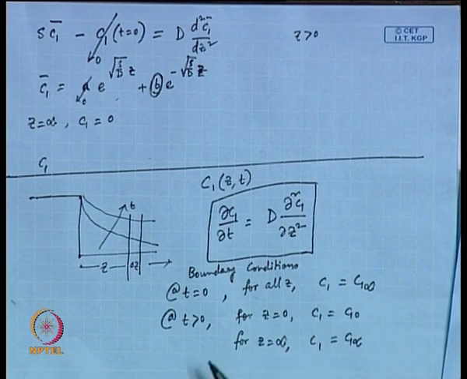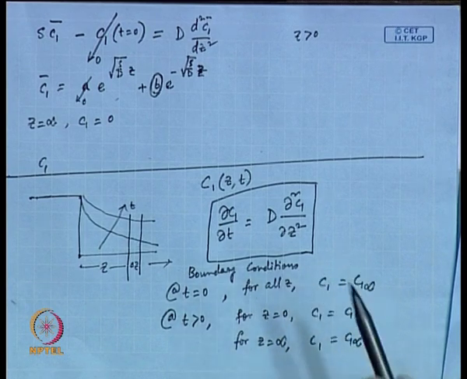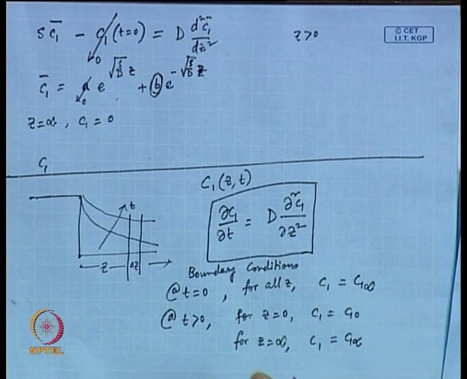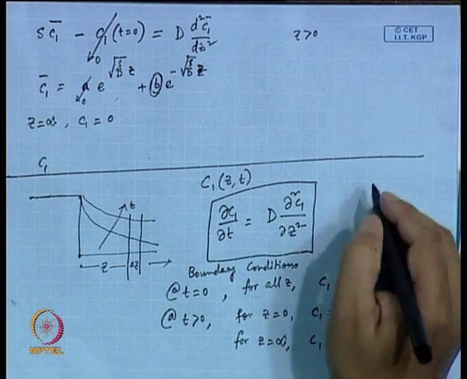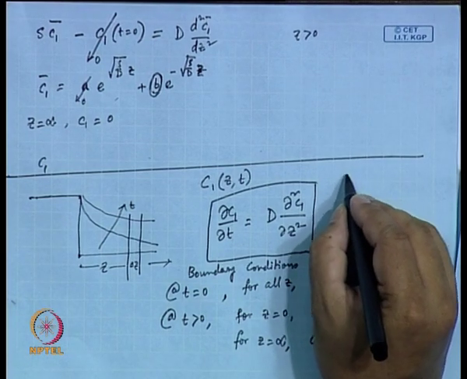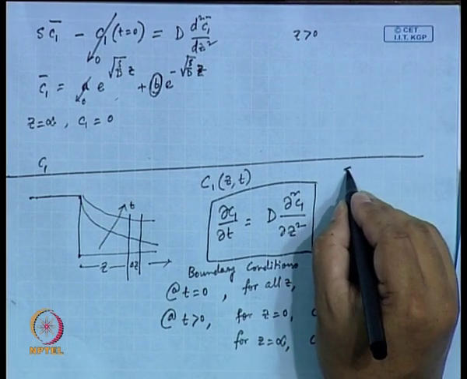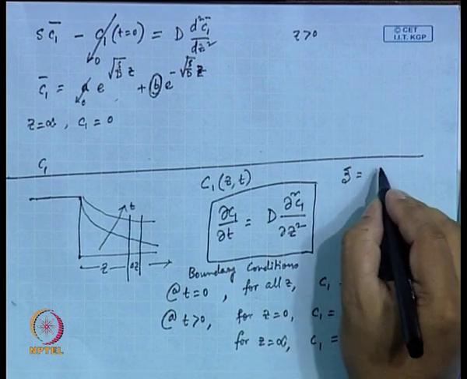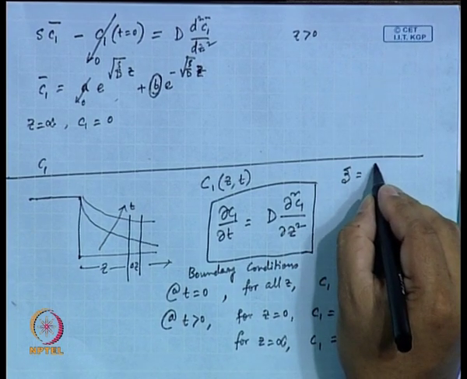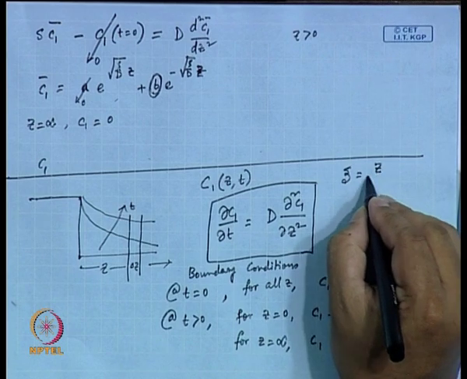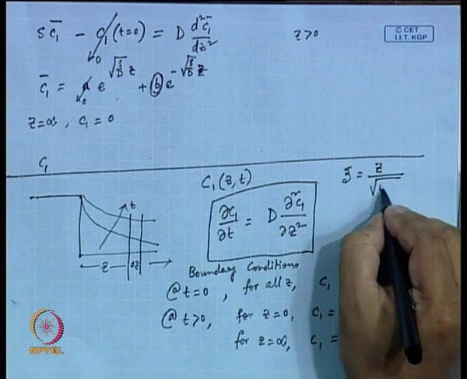These boundary conditions are much easier to handle. One thing I must say, last time I mentioned that you do it by Laplace transform. It is not necessary that you have to do it by Laplace transform. As a matter of fact, you can solve the same equation using a similarity variable also. The similarity variable will take a shape like this, z over square root of 4 Dt.